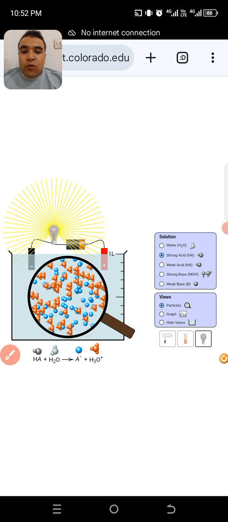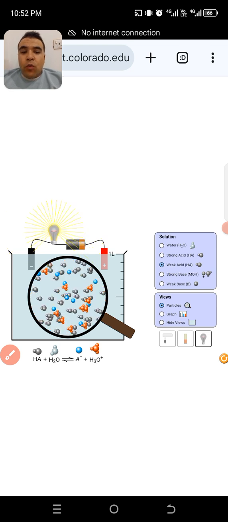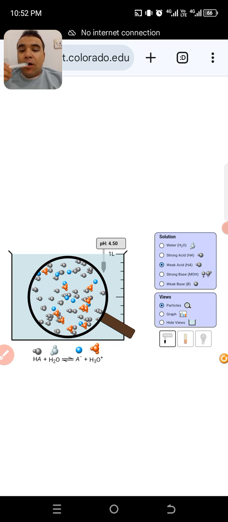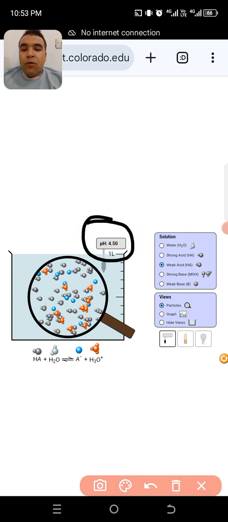Let us change to the weak acids. The pH of the weak acids is usually above 3. So this weak acid has a pH of 4.5, as you can see, and the concentration of the hydronium compared to the strong acid is much lower.